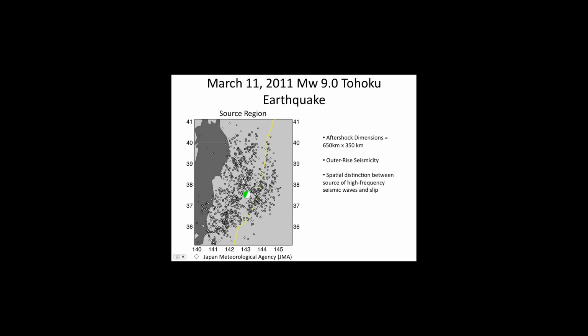So you had the high frequency source down dip and slip up dip. So given the frequency dependent back projection results I've already showed you, this event was just perfect to study from these multiple different aspects that you can look at using the back projection method.